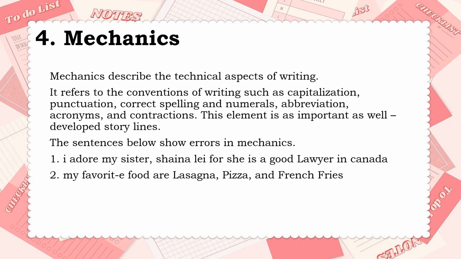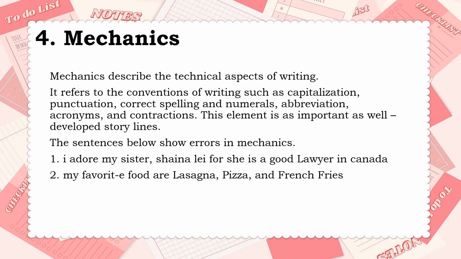China is a proper noun, which should be in uppercase. And "lawyer," which is just a common noun, should be in lowercase. And last is Canada, which should have an uppercase C, for it pertains to a country.